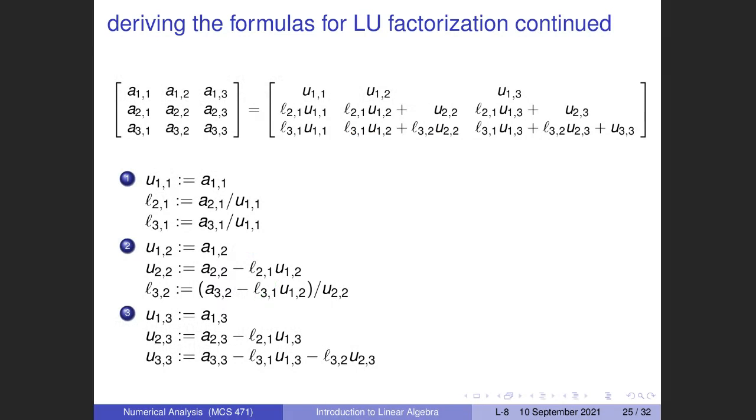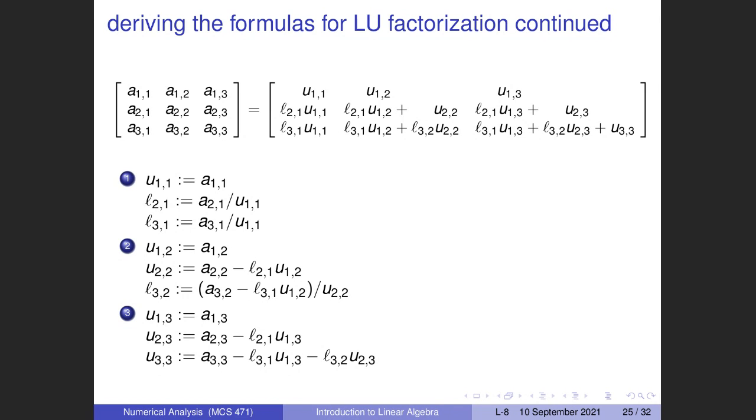So here is the algorithm, but not with loops, but with explicit formulas. Notice that we now see these formulas as an equality between two matrices. The matrix at the left has the known numbers, and the matrices at the right, the L's and the U's, we don't know.